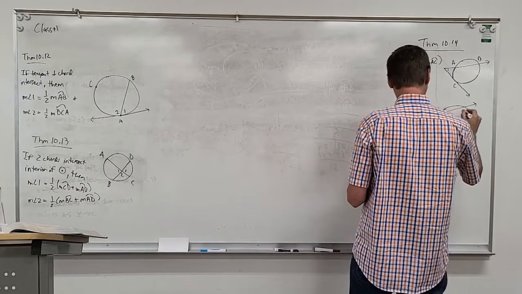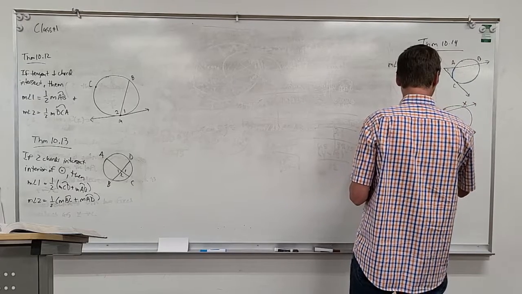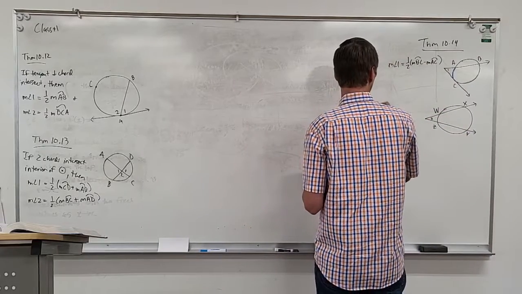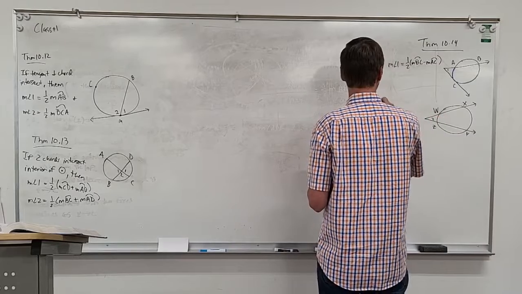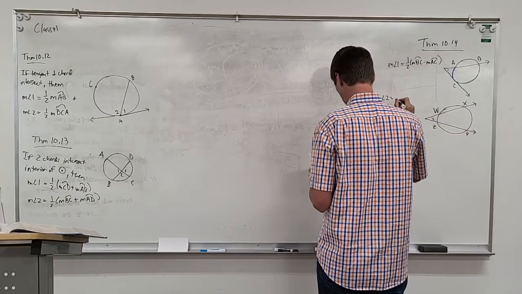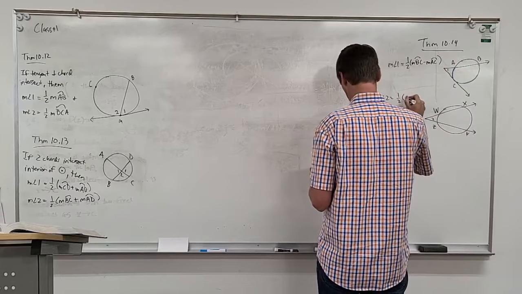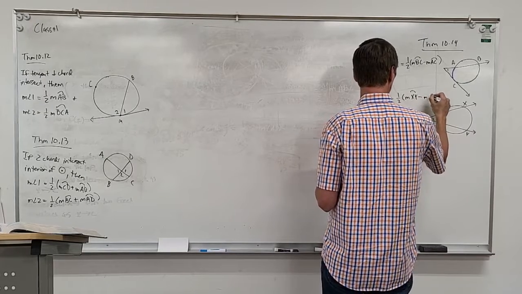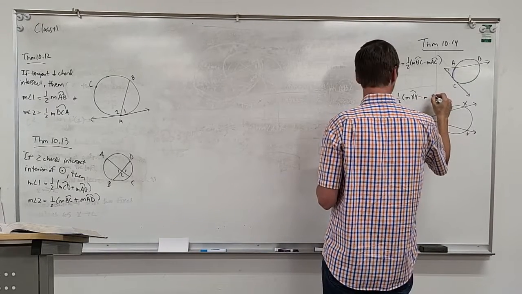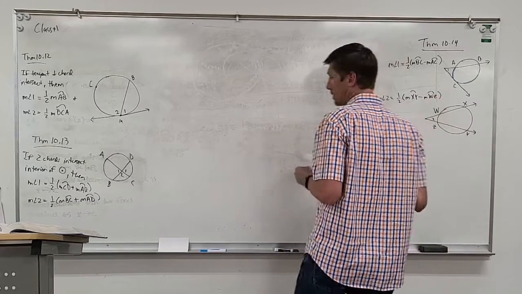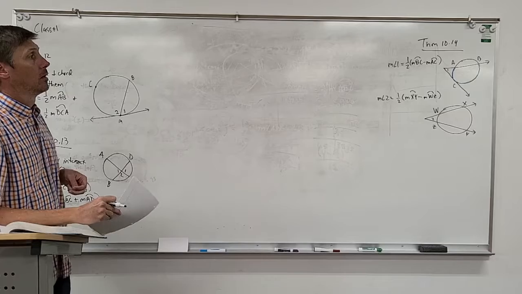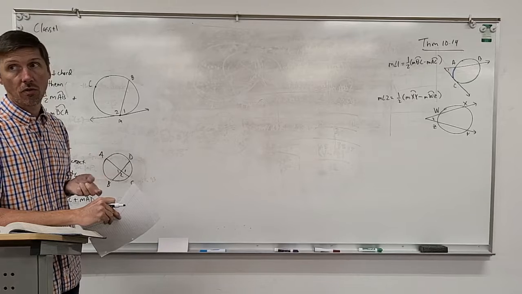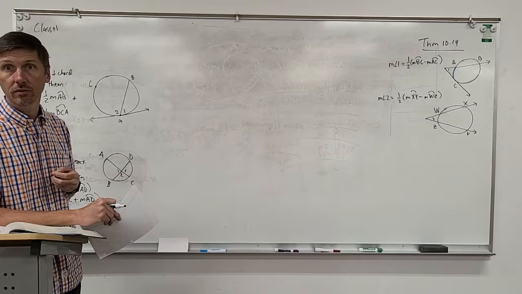W, X, Z, Y. Then we could say that the measure of angle 2 equals, you guys double check me here, 1/2 the measure of arc XY minus the measure of arc WZ. So you see how it's really the same thing? The measure of that angle out there is always 1/2 the measure of the big arc that's formed by the secants minus the smaller arc formed by the secants. Okay?